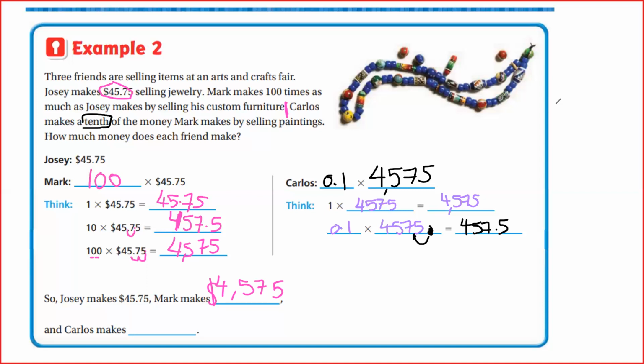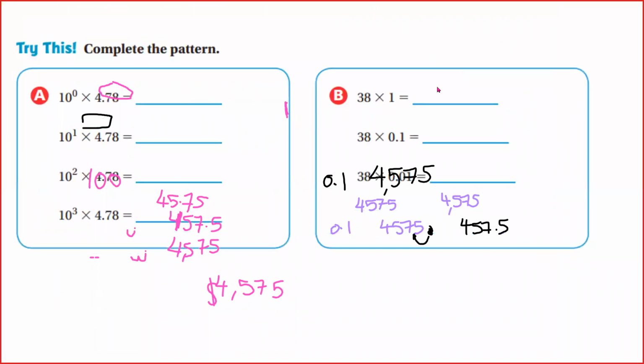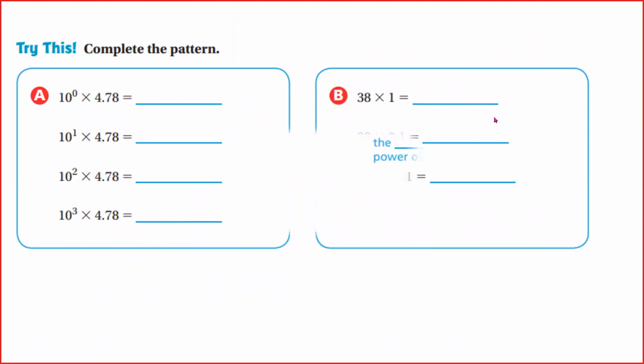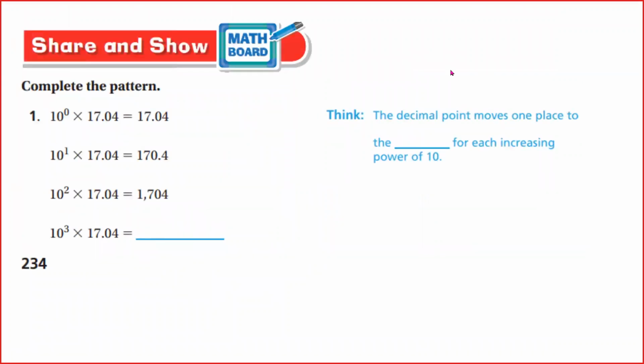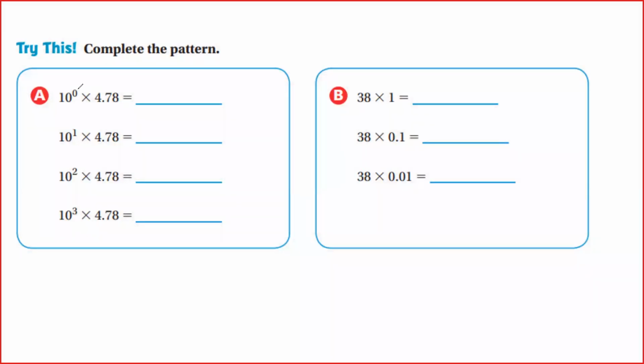Okay. Now, here, 10 to the power of 0 times 4.78. Now let's start with Hunada. 10 to the power of 0 times 4.78. 10 to the power of 0 equals what?